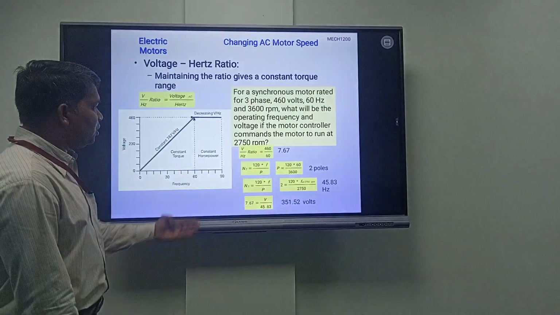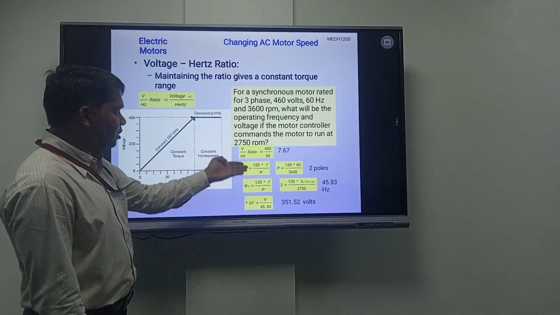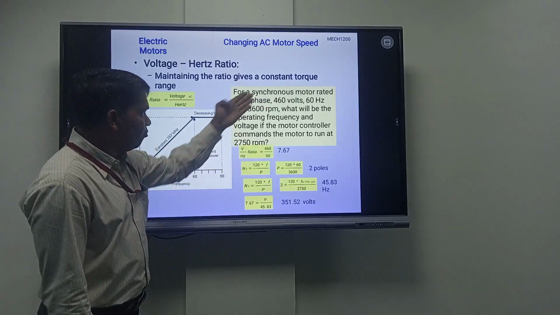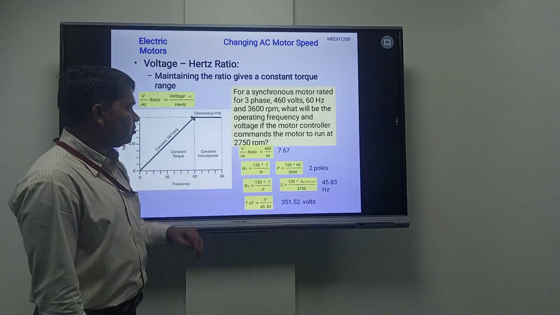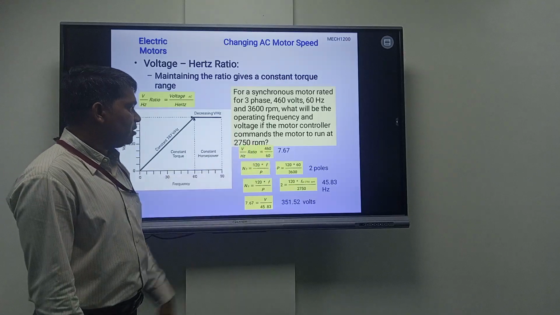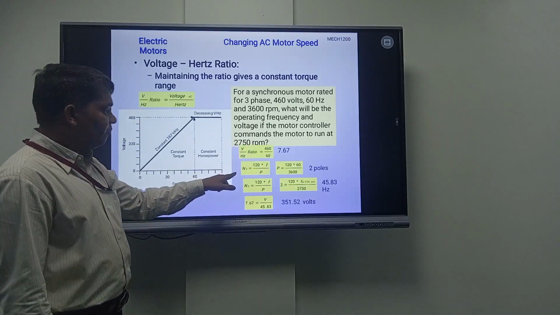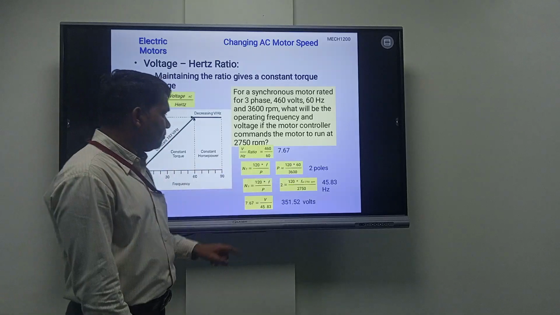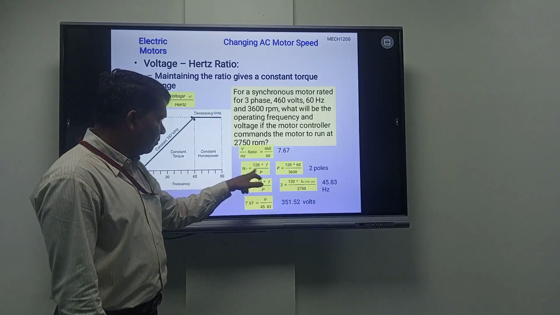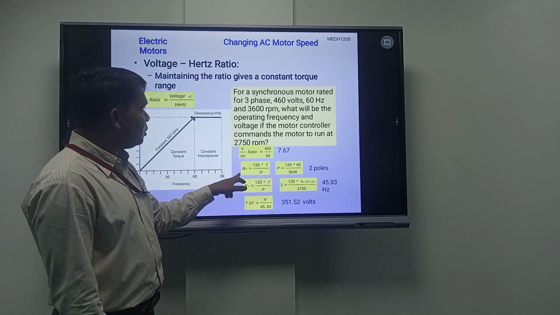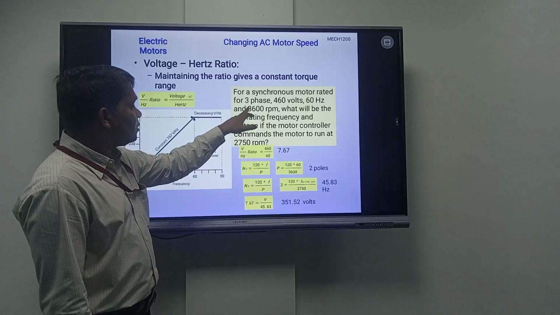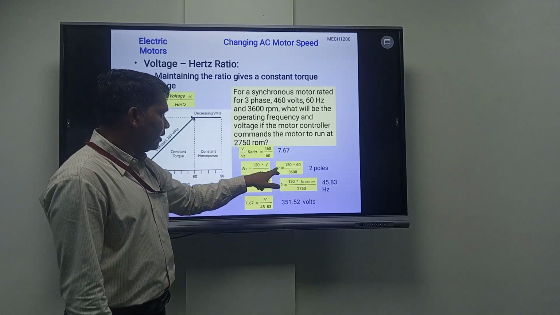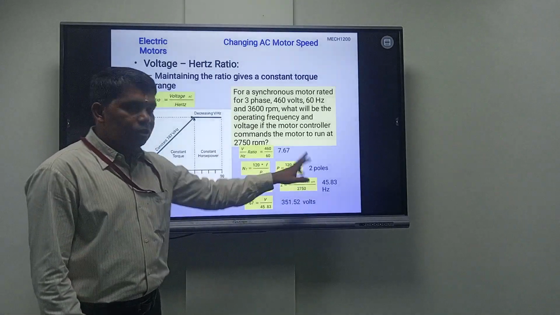So we need to take the voltage frequency ratio: voltage applied 460, frequency 60, so the ratio is 7.67. Synchronous speed Ns equals 120 f over P, with frequency 60 and synchronous speed 3600, so we get P equal to 2 poles.